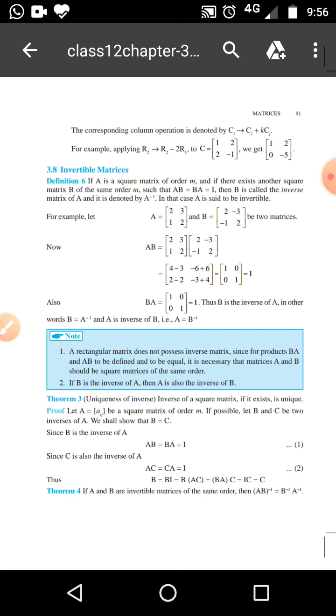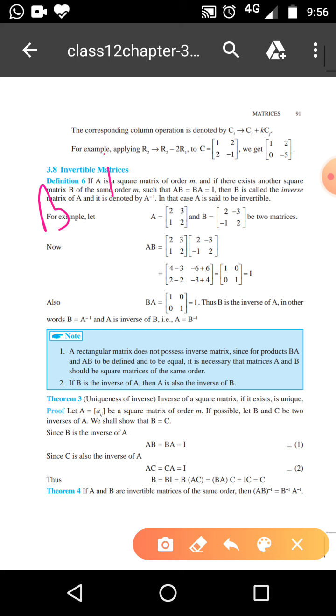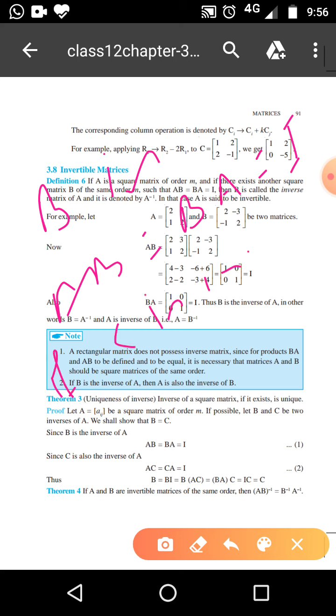Let us prove this theorem. Let us consider B and C as two inverses of the matrix A. If B is an inverse, then AB = BA = I, and if C is an inverse of A, then AC = CA = I. See here.